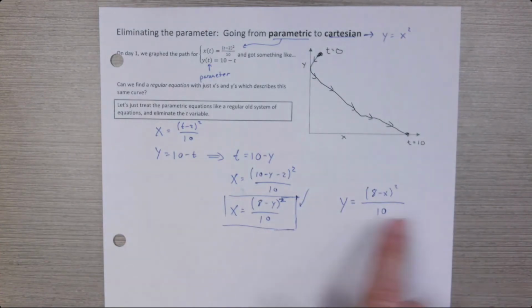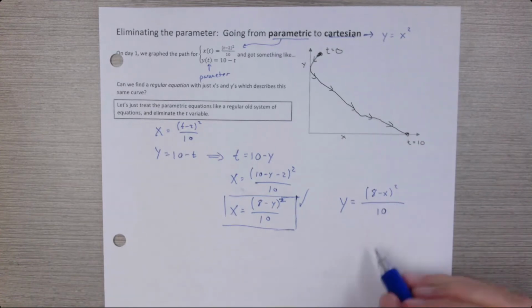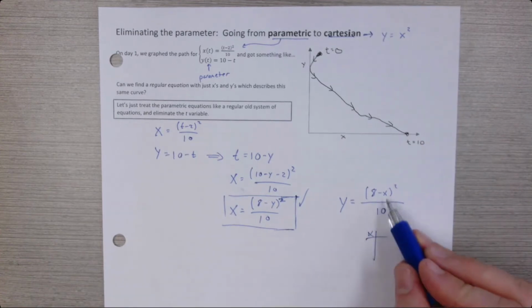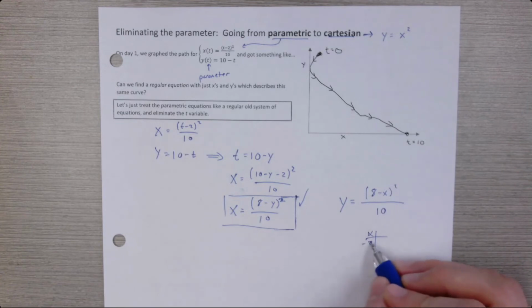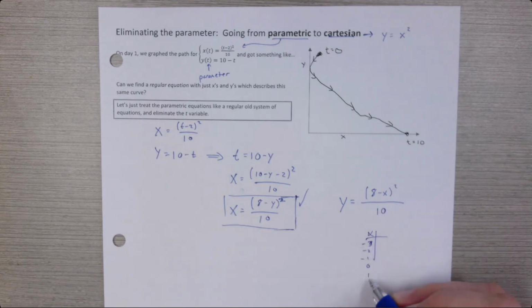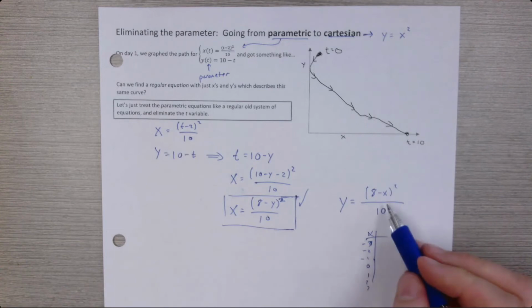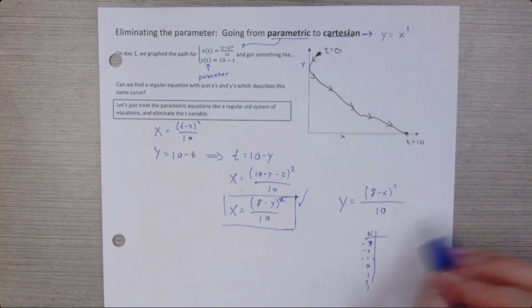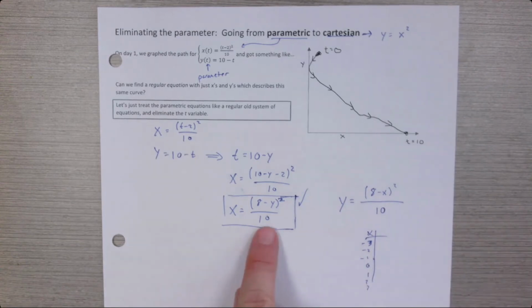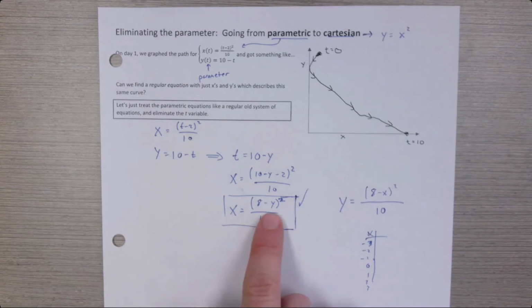So just like way back in Algebra 1, you'd make a table of values by plugging in numbers for x, like, you know, -3, -2, -1, 0, 1, 2, 3. You'd use the equation to get your values of y, and you'd plot your parabola. So you can do the same thing here, except you can plug in values of y to calculate values of x. So imagine for a second I plugged in y equals 8.